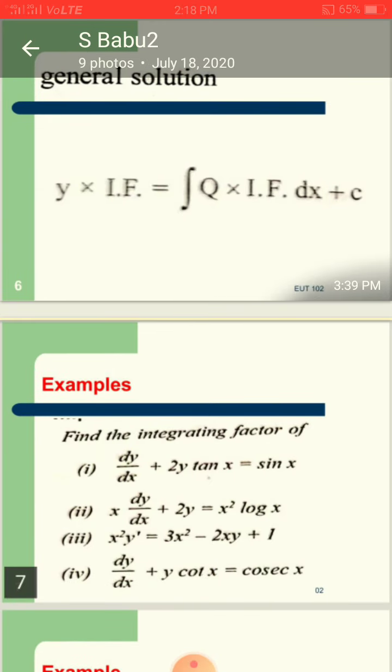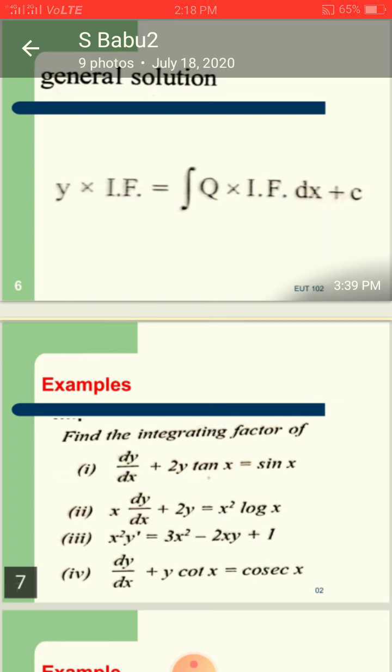What types of methods can we have? Suppose firstly we have the linear differential equation. Next we can have Bernoulli's differential equation. Next we have the exact differential equation.